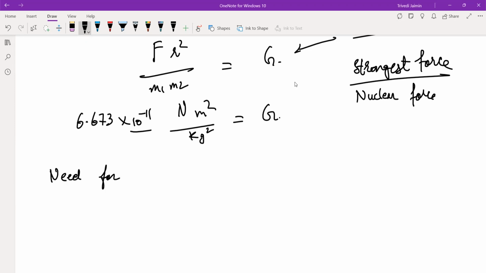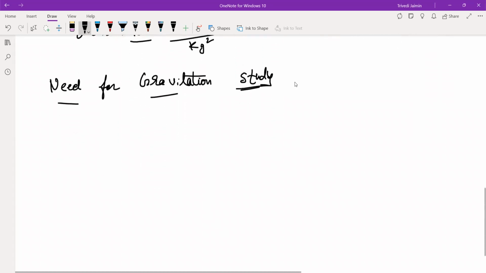Need for gravitation. You can write in your own words. I'm just writing my points.